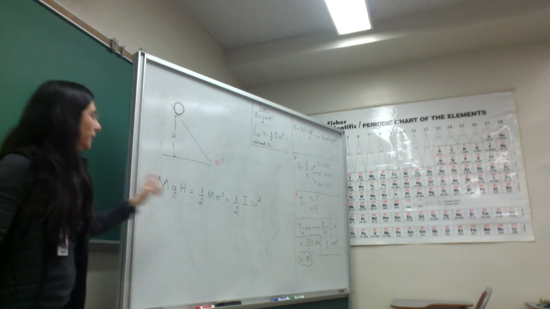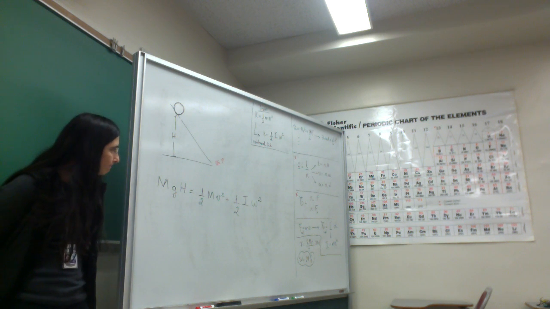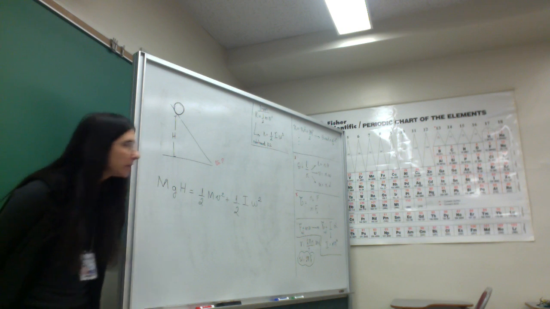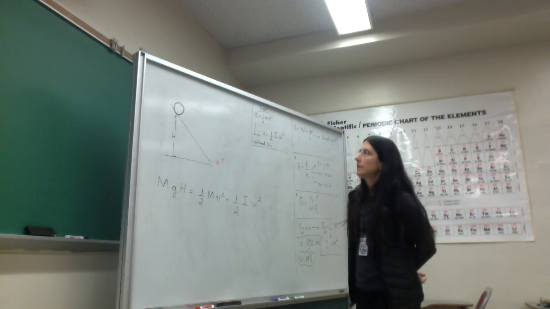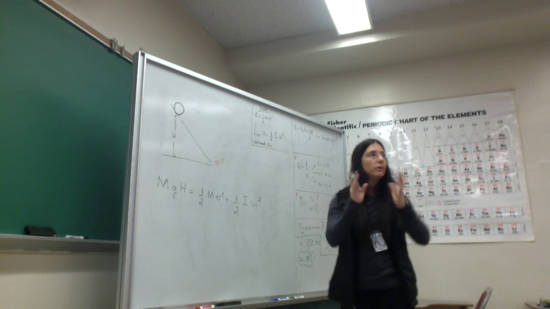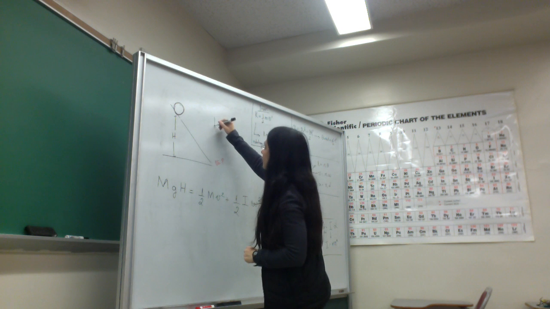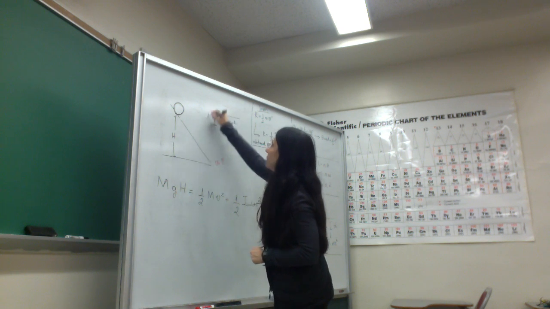And I want to find just V. How can I find just V? There is something that is given to us if you go on reading the problem. They say this is a solid, uniform sphere, so the moment of inertia for that is 2/5 of mr squared. This is given to us.